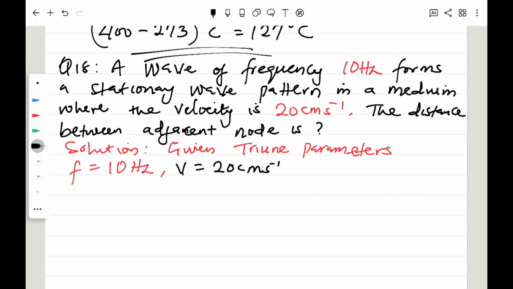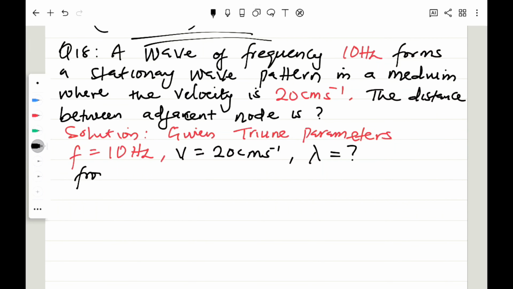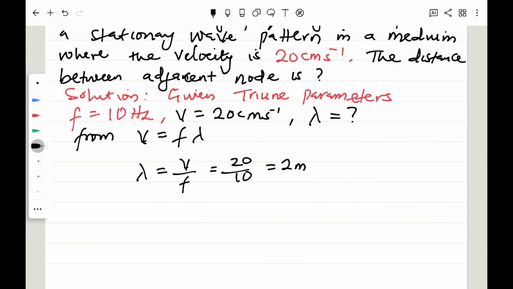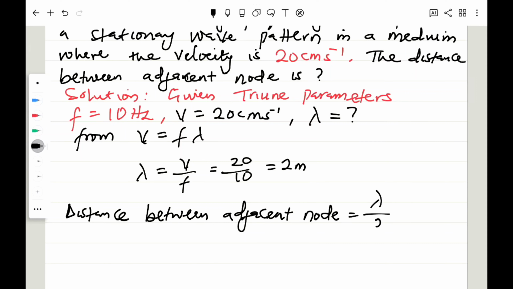The distance, which is the wavelength, is unknown. Is that clear? From V is equal to F lambda, lambda is equal to V over F, which is 20 over 10, equal to 2 meters. So the distance between adjacent nodes will give us lambda over 2, that is 2 over 2, equal to 1. So 1 centimeter is our answer.